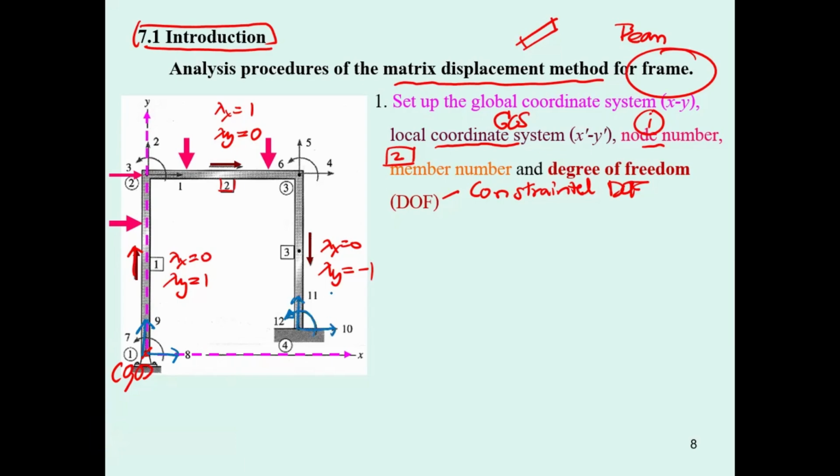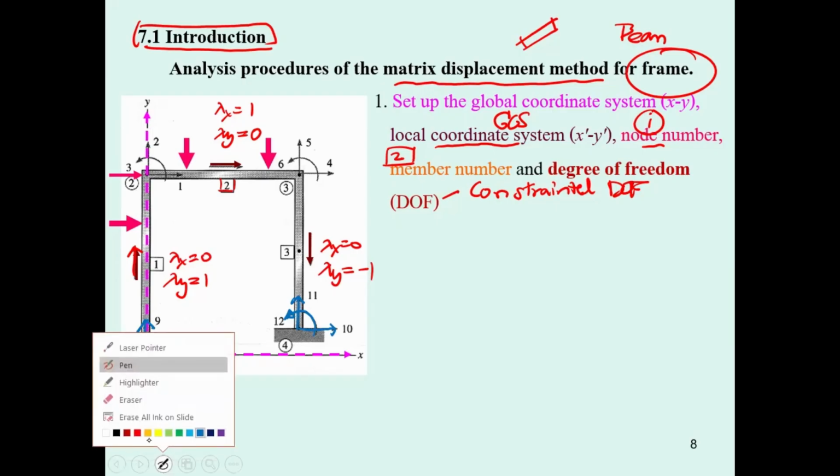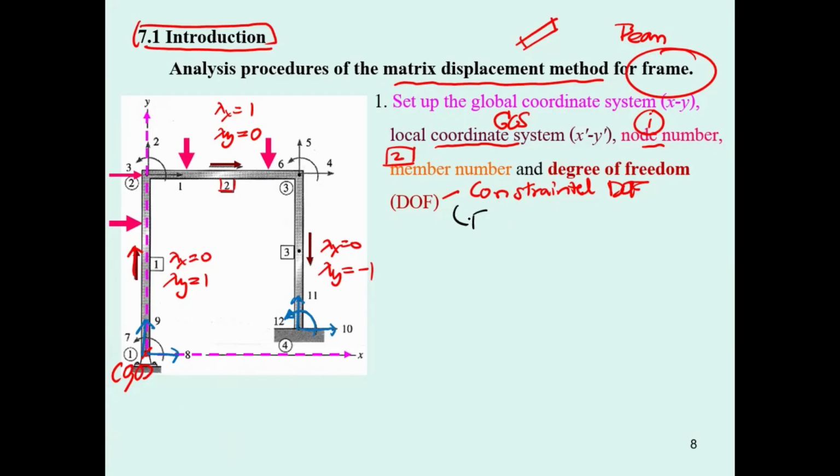They are all zero if no differential settlement occurs. And then you have another degree of freedom. You may call it the free degree of freedom, or you may call it the unconstrained degree of freedom. That's going to be the answer.